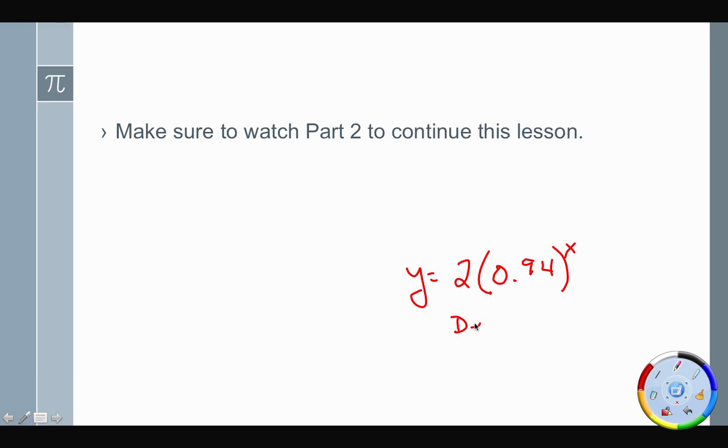This is a decay. The decay factor is 0.94, and the initial value is 2. I know that wasn't a 2 there on the last problem, but you know that the initial value is that number in front. Not sure what happened to my presentation. It wouldn't let me go back. So there's the last example.